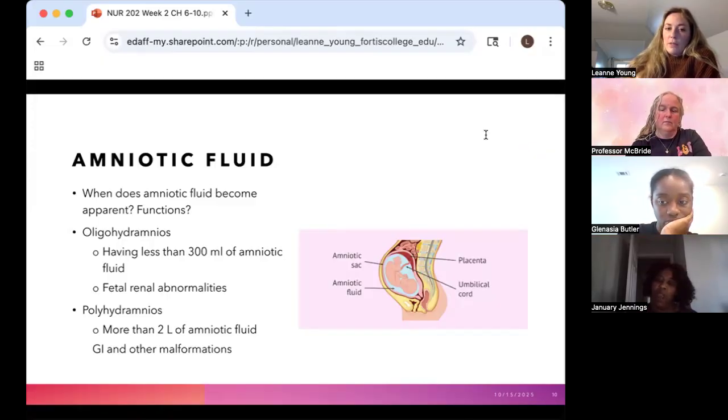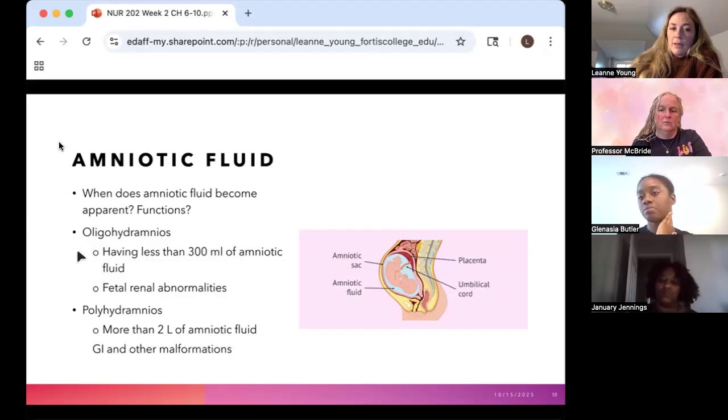So amniotic fluid is considered to be amniotic fluid in the second trimester, and it is regulated by a balance between fetal fluid production and fetal reabsorption. Okay. I have here the guidelines for oligohydramnios, which is having too little amniotic fluid, less than 300 mLs.